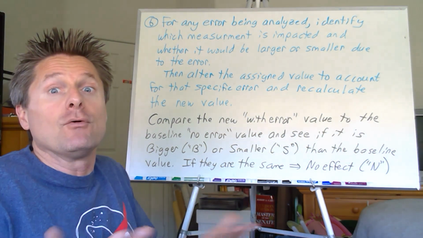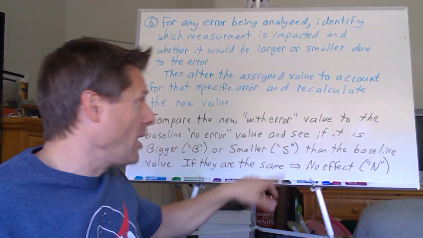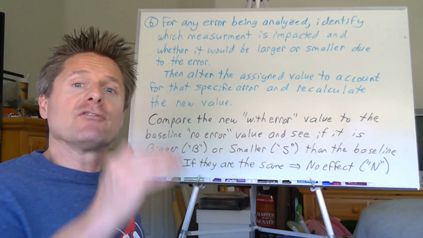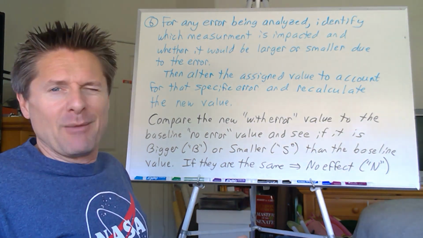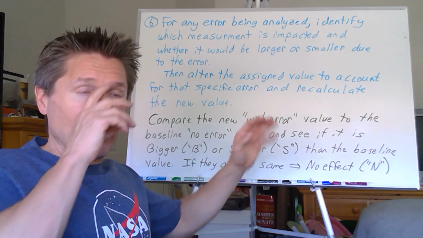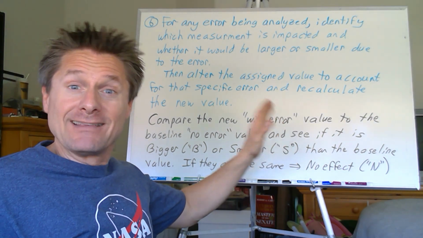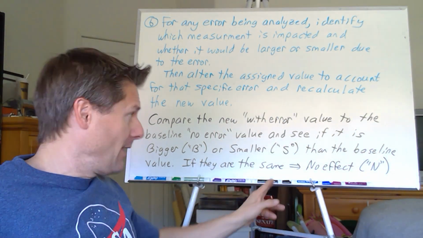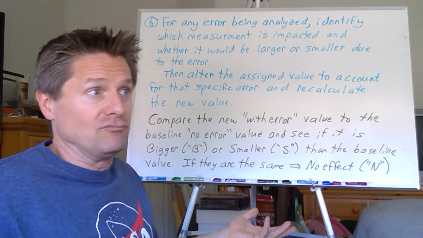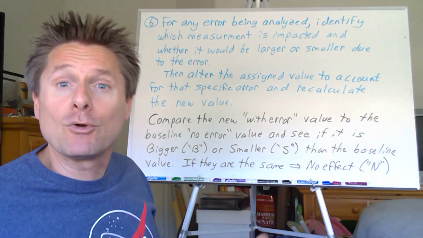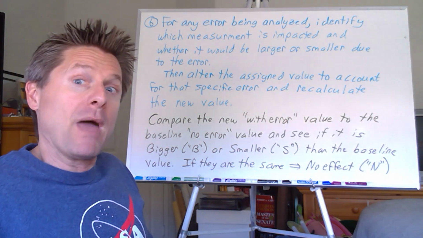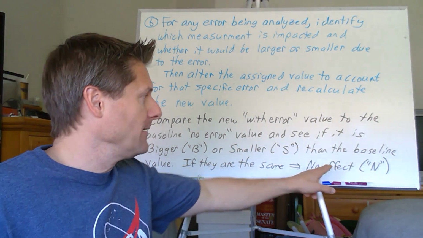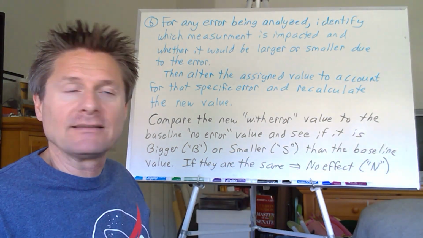Well, obviously that would give you a value that's too low or smaller, so we can use the letter S. That would give us a value smaller than what it should have been. Well, sometimes, pretty rare, it'd be pretty boring, the value you get, assuming the error, is the same as the value from the baseline. Well, obviously that'd be no effect. That error could happen, and it would cause no difference in the final value. I guess it's mathematically possible, but not going to happen very often. You'd give it an N, no effect.